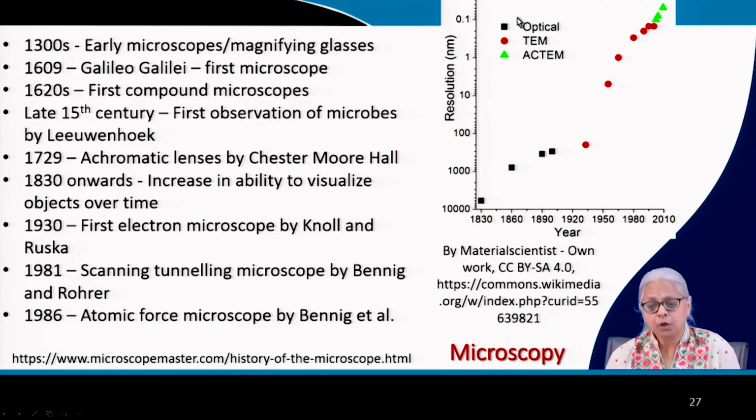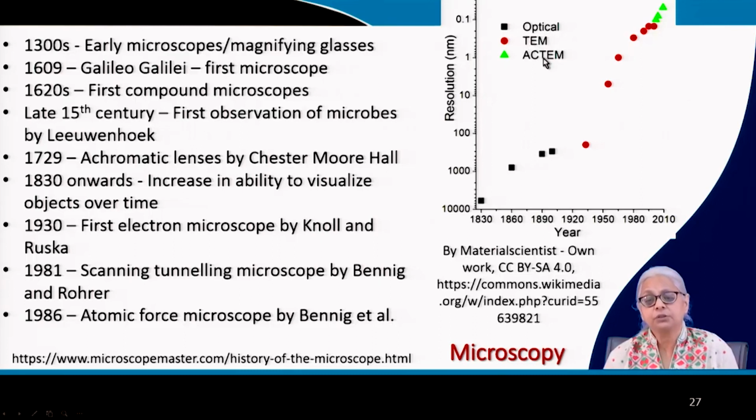The resolution of optical microscopes, as I've already said, under fluorescence microscopy, has now reached around 20 nanometers. So now we are somewhere in this region with optical microscopes. It's not limited to 200 nanometers, which is what you're seeing over here, but we are now at the level of 20 nanometers with light microscopes.